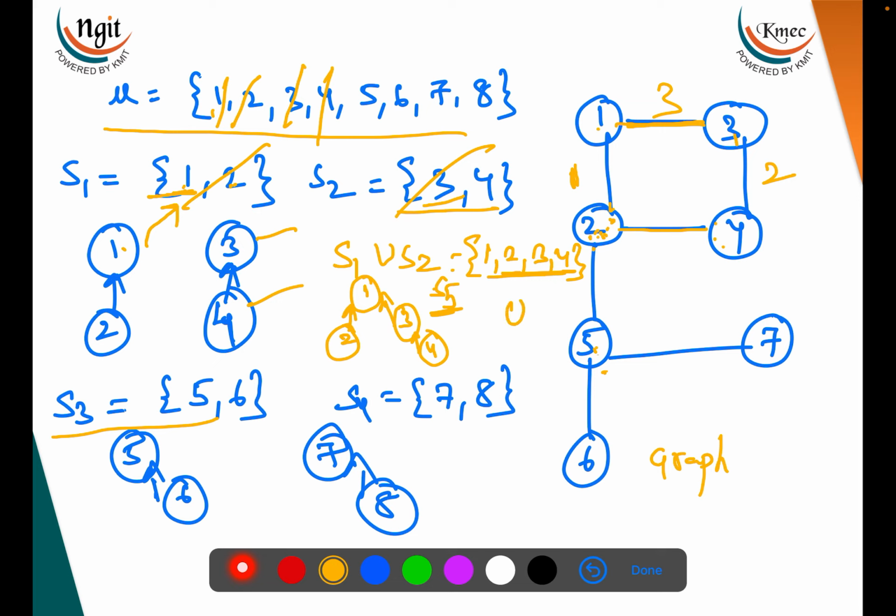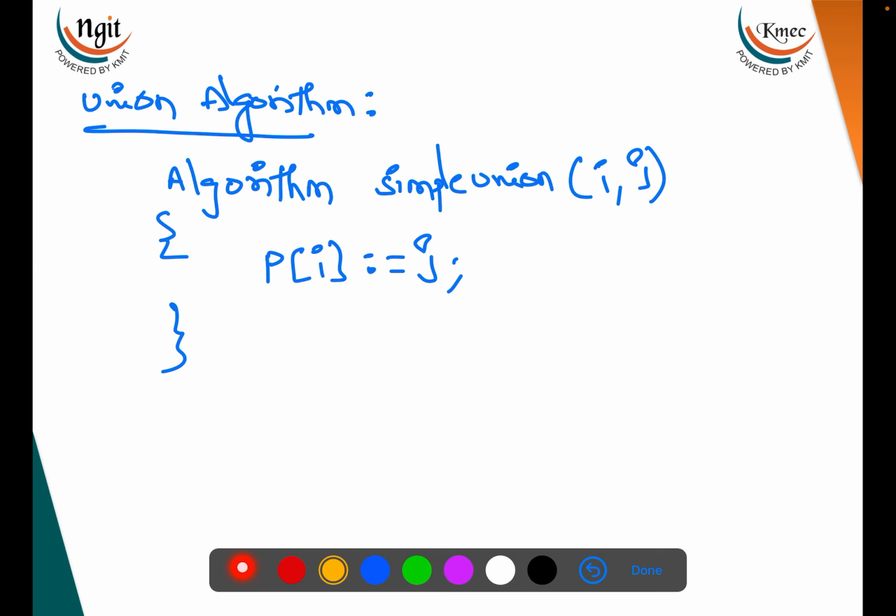Now when you perform the union, it becomes 1, 2, 3, 4, 5, 6. So the union operation is this: when you want to draw an edge, if the nodes do not belong to the same set, then you can have a union operation. Now, the union algorithm is this.